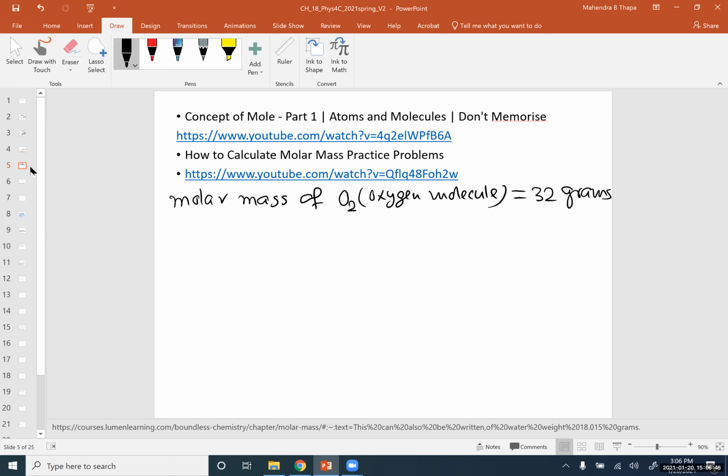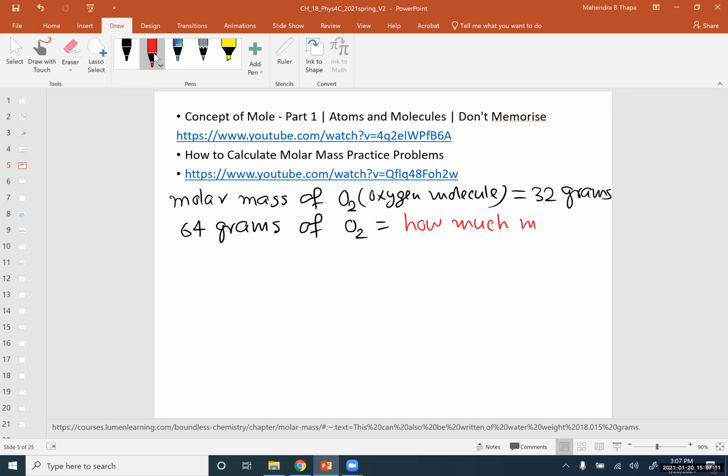We want to find how many moles 64 grams of O2 equals. So we want to convert the mass in grams into moles.